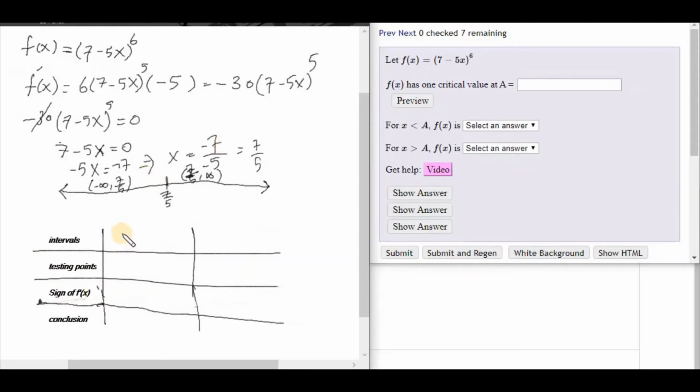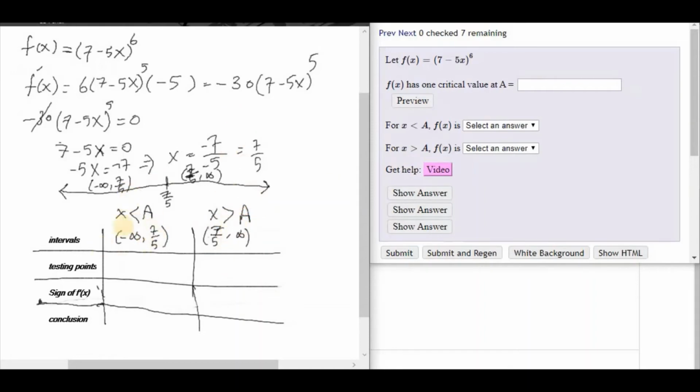So the first interval is from negative infinity to 7 over 5, which is equivalent to saying x is less than a, all of the numbers that are less than the critical value. The second interval goes from 7 over 5 to positive infinity, which is equivalent to saying x is greater than the critical value a.